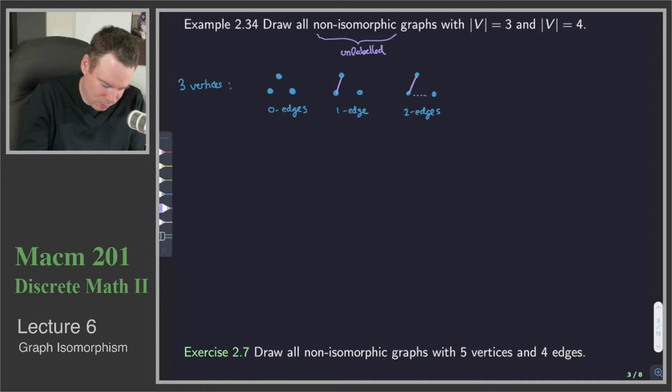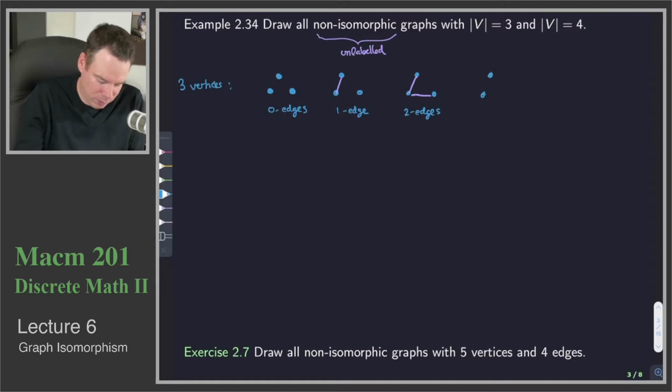I could either use this edge here, or I could use this edge here. But either way, I'm getting a path of length 2. They have the same structure. So I'll just pick one of the edges, use it, and then there's our path of length 2. That's our 2-edge case for 3 vertices.